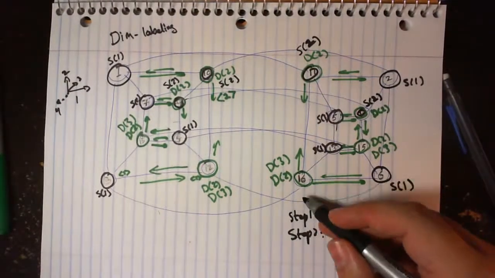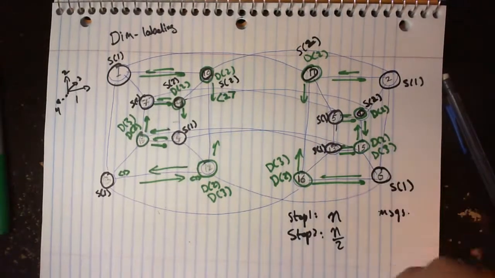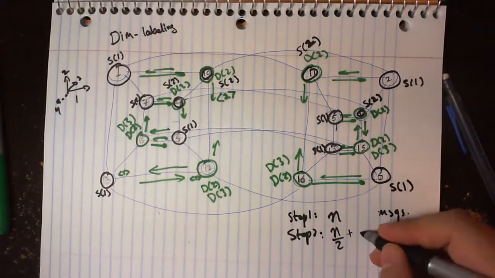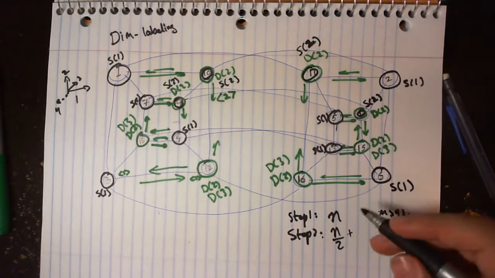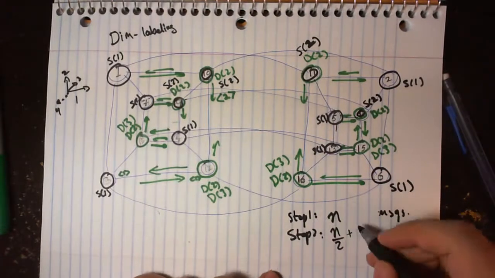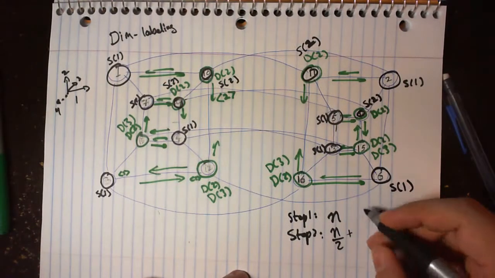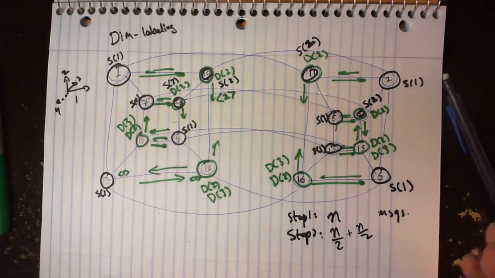You can't go any further than that. So it's n divided by 2 messages initially, plus at most the diameter between step 2 and step 1, which is again n divided by 2 in this case.